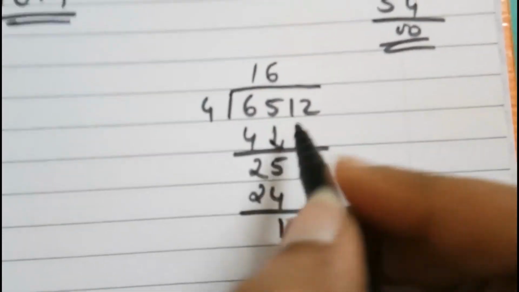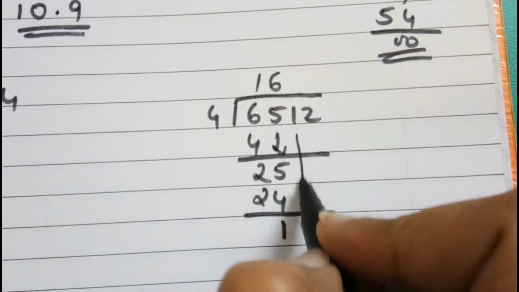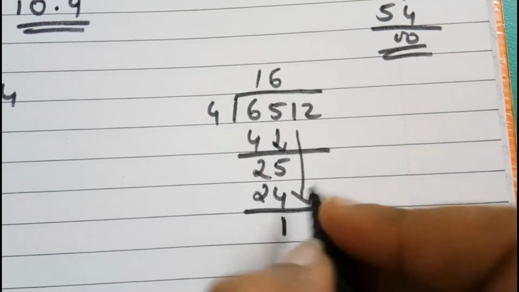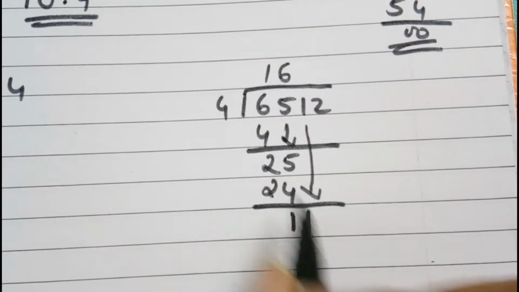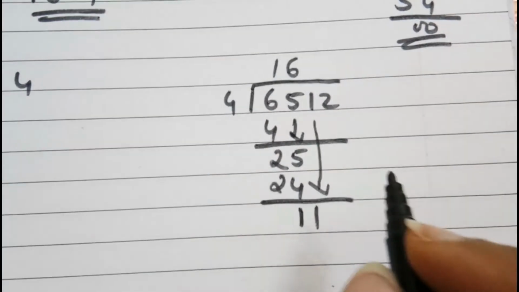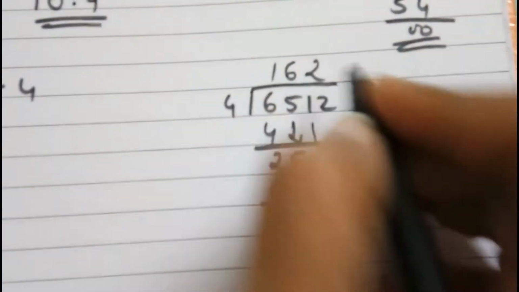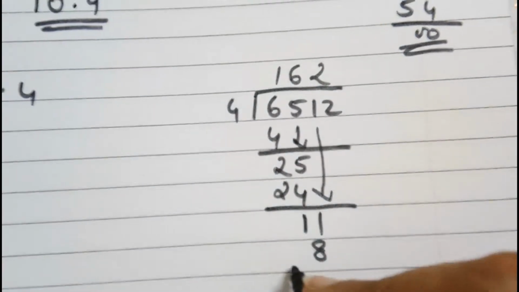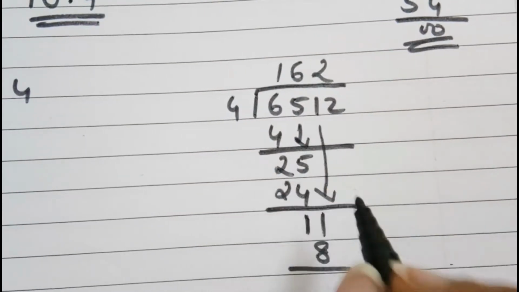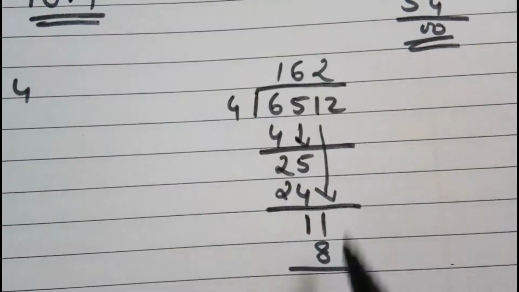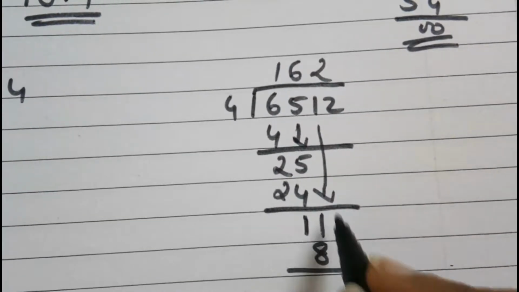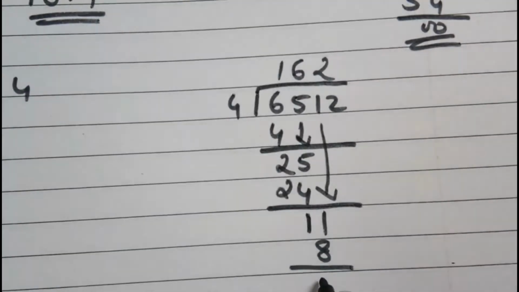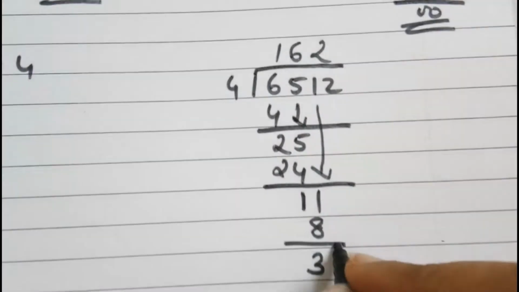So we'll put this 1 here and bring down this 1 here. Why? Because 4 will not go in 1. So we'll bring down this 1. 11. Now how many times will 4 go in 11? 2 times. 4 2s are 8. Why? Because 4 3s are 12. So we'll have to take the lower number. 4 2s are 8. Now 11 minus 8 is 3. Okay.